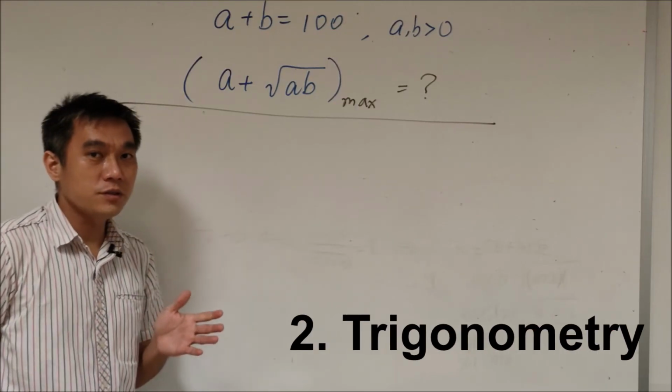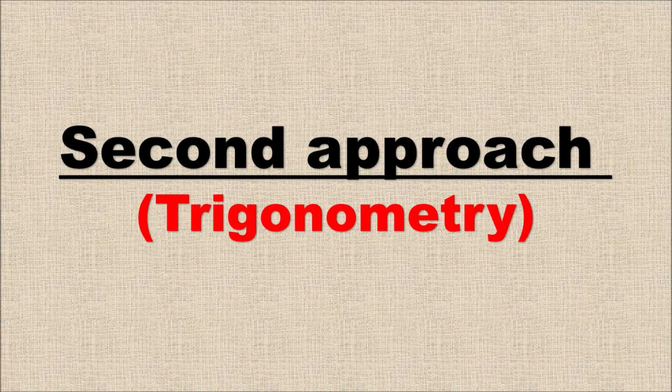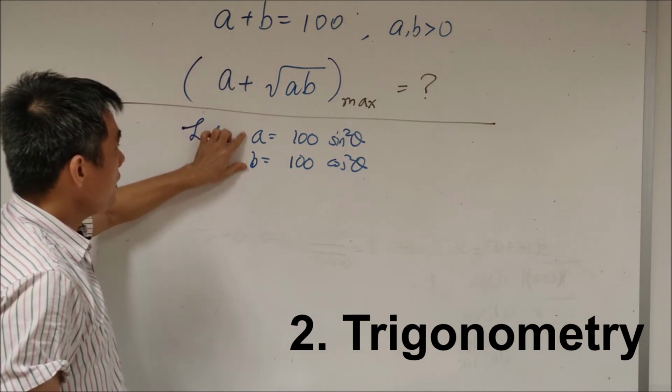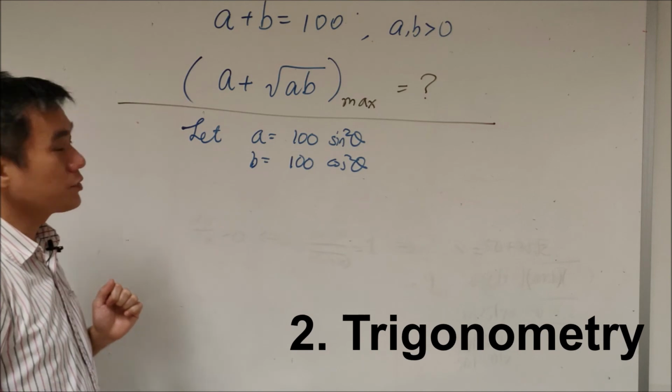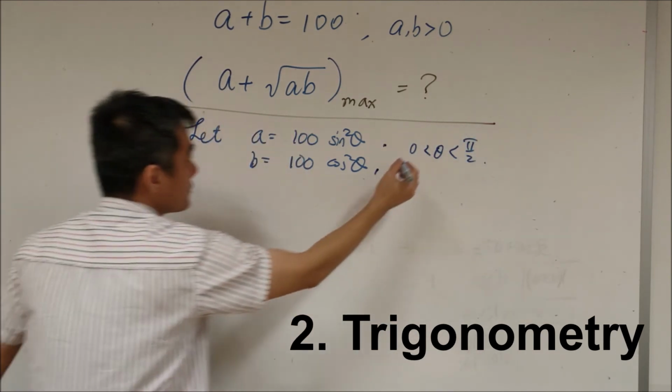For the next approach, we are going to use trigonometry. As the sum of a and b equals 100, I may let a equal 100 sine squared theta and b equal 100 cosine squared theta, with theta in between 0 and pi over 2.